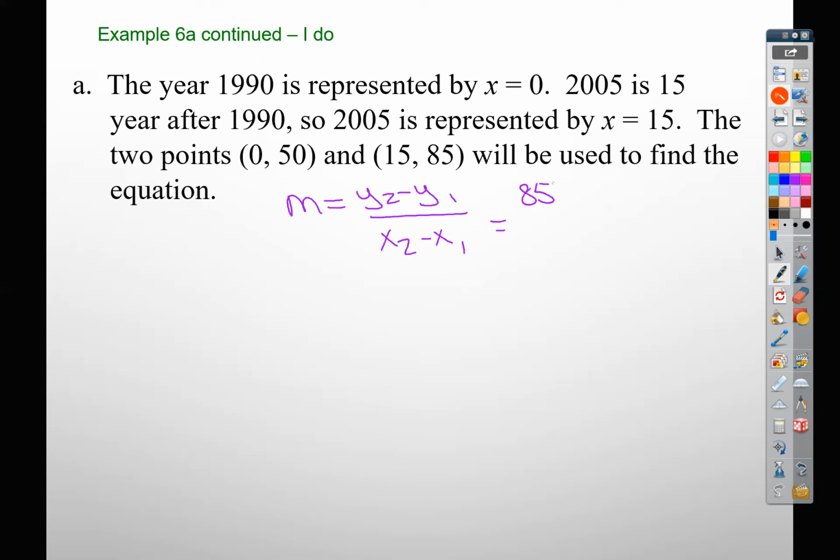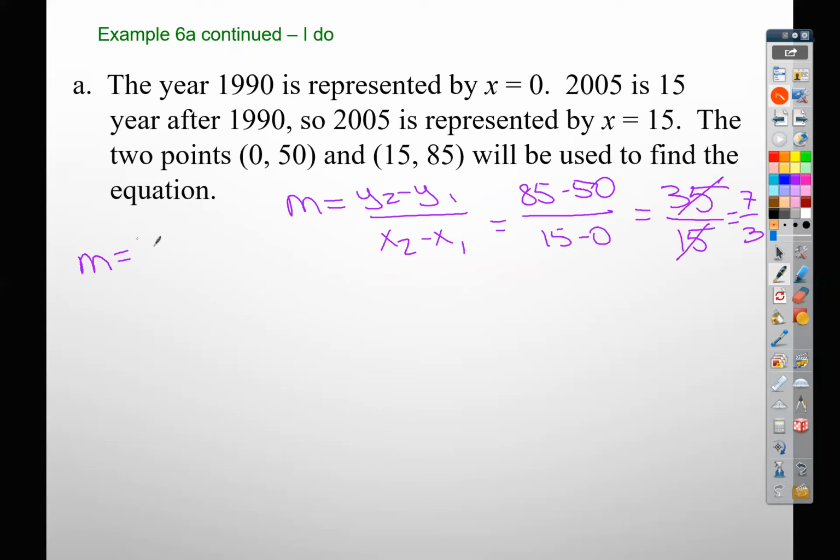So 85 minus 50 over 15 minus 0. 85 minus 50 is 35, and 15 minus 0 is 15. Let's simplify this as a fraction. What can go into both of those? 5, so that would be 7 over 3 is my slope.